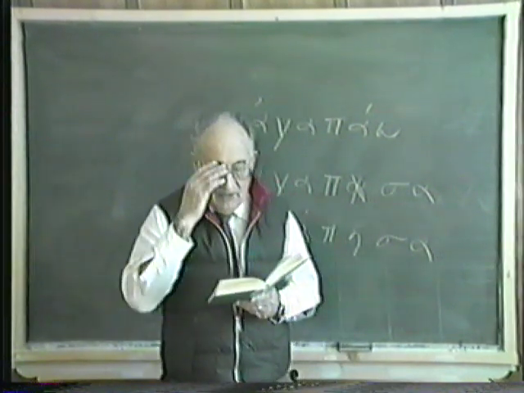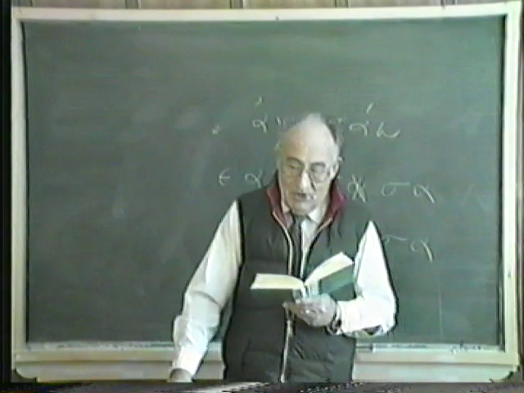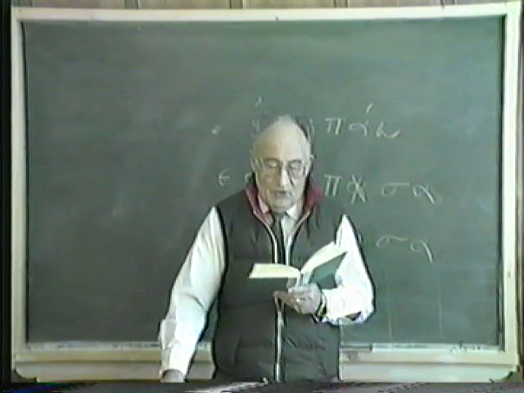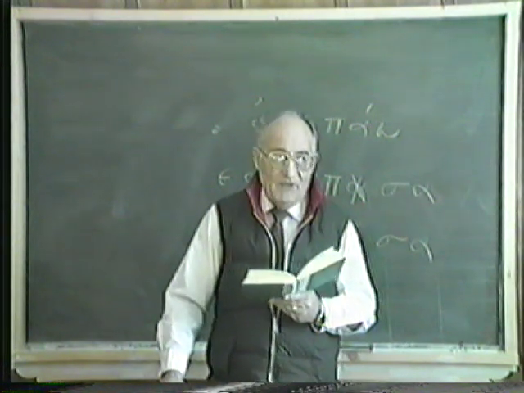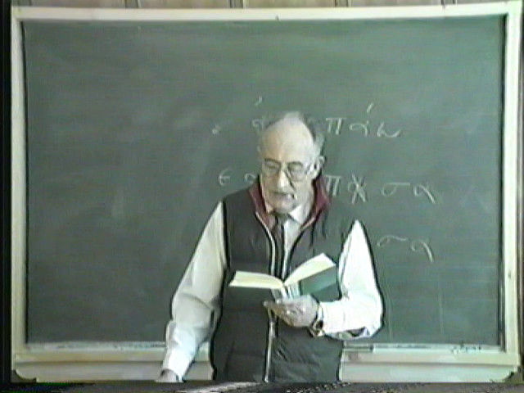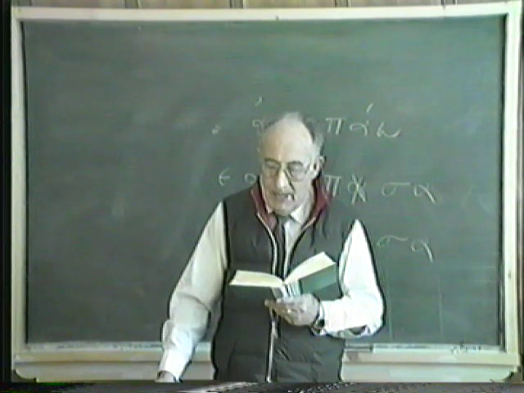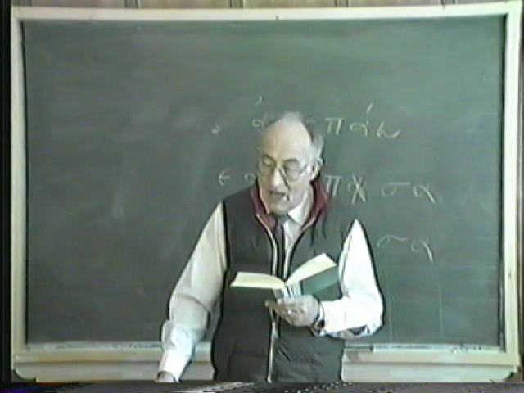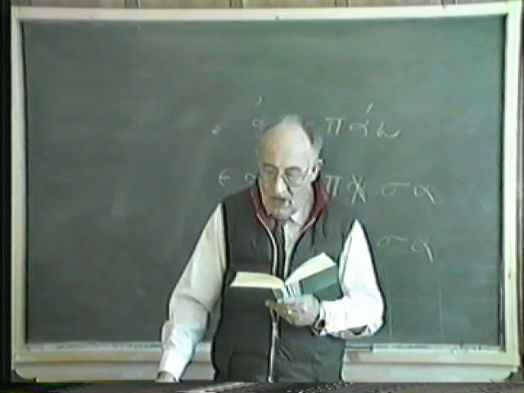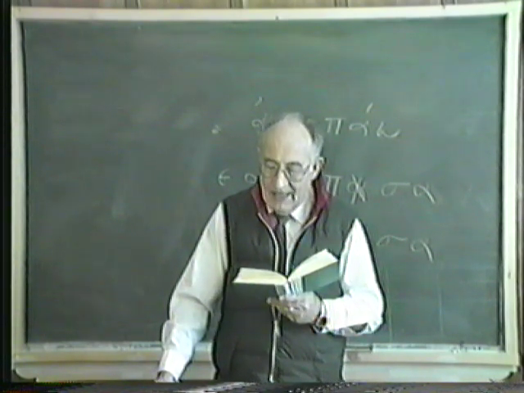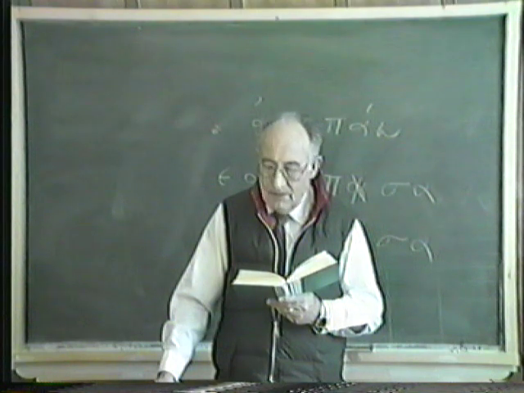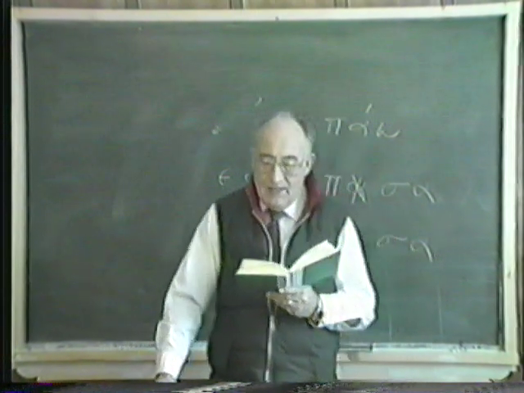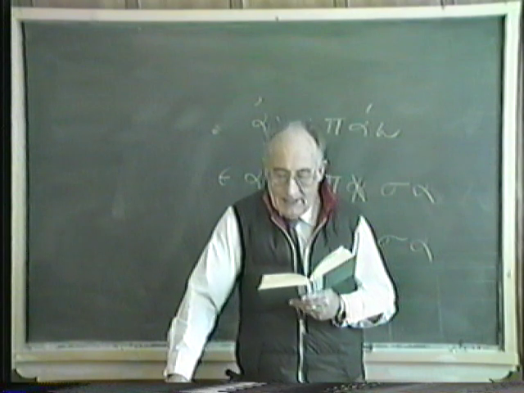And now we're going to look at the labial mutes, the palatal mutes, and the lingual mutes. The labial mutes are pi, beta, phi. So he gives us two examples. Pempo. The aorist of pempo is epempsa. That's the first aorist. Grapho. The first aorist is egrapsa. See? Your pi and your phi change to psi.